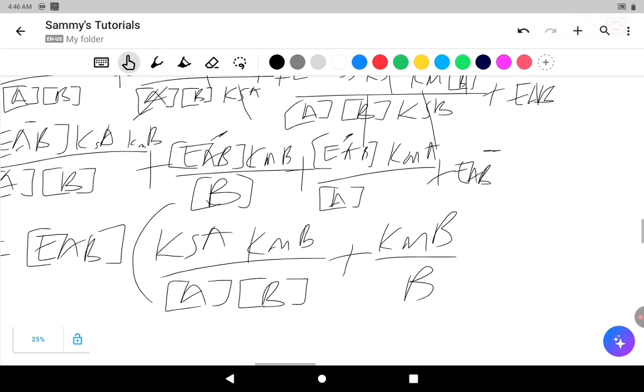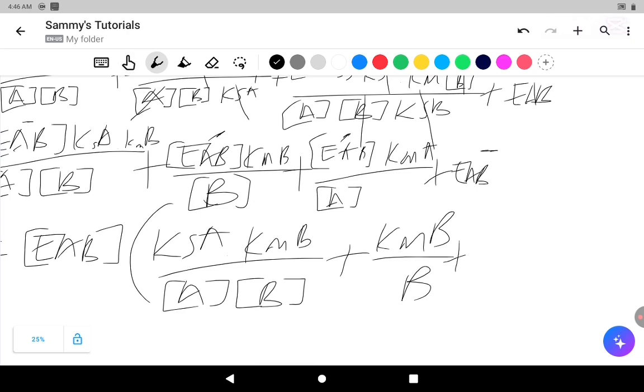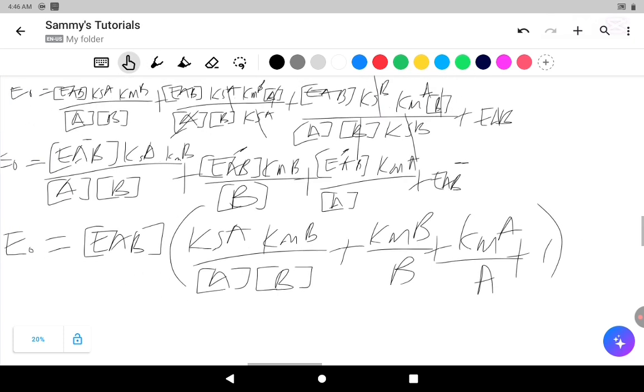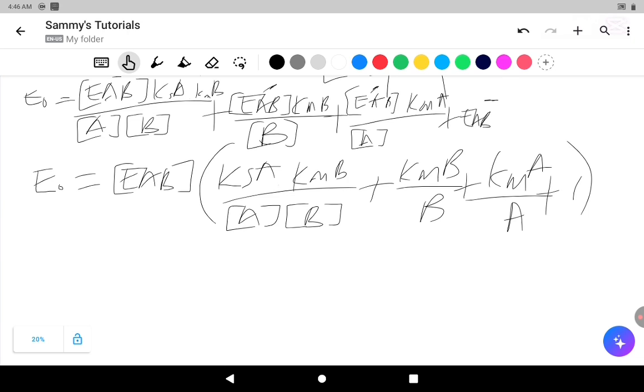So what you now have is this, alright, plus what? Plus KMA all over A, then plus 1, because if you factorize EAB, you have only 1 here, right?